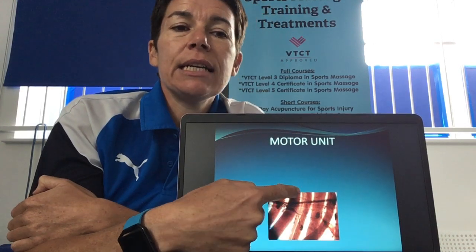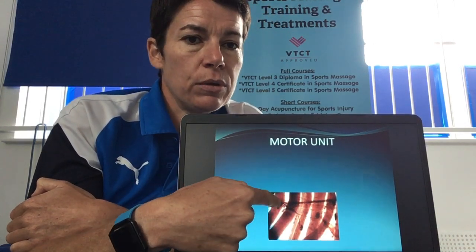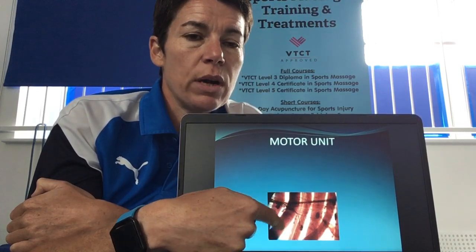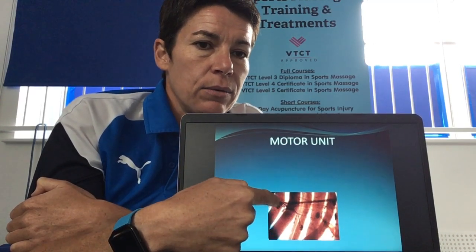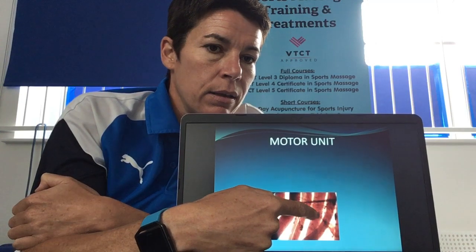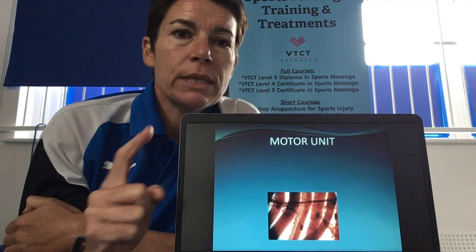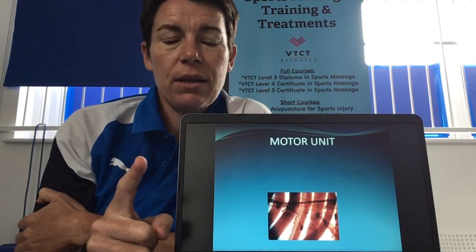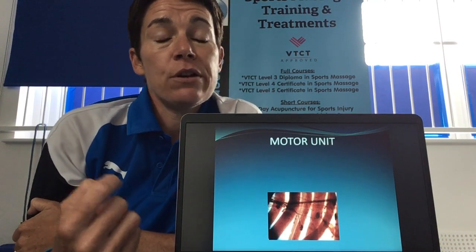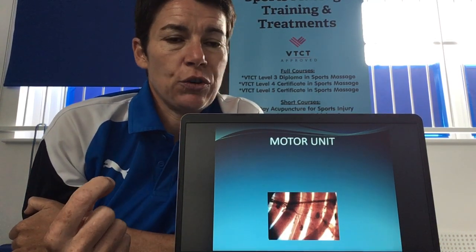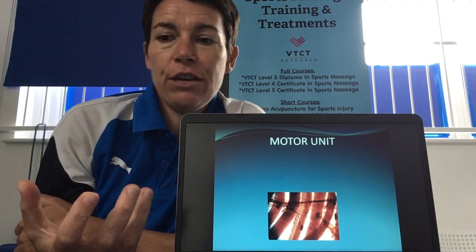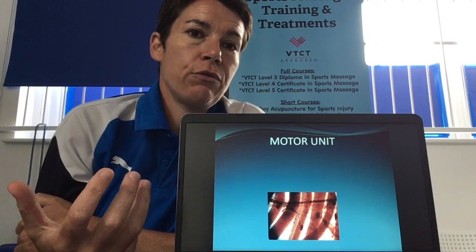This is skeletal muscle fibres; each one is one fibre. Now you can see an end zone here, here, here, here. Each skeletal muscle fibre will be stimulated by a nerve ending. If there was no nerve ending, there'd be no contraction. If there was some kind of injury or damage, there'd be no contraction.